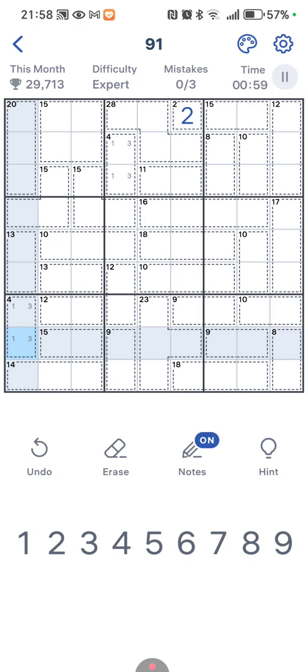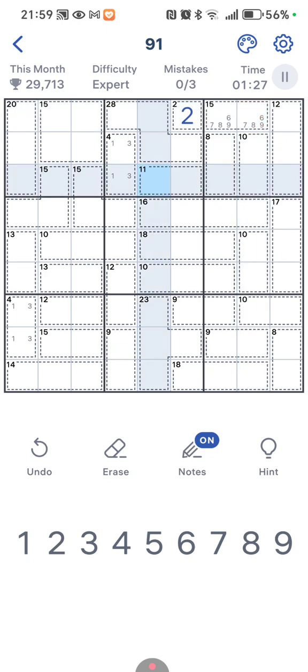And we have what I call locked, dual option pairs like this one: 6, 7, 8, 9. Okay, 10.